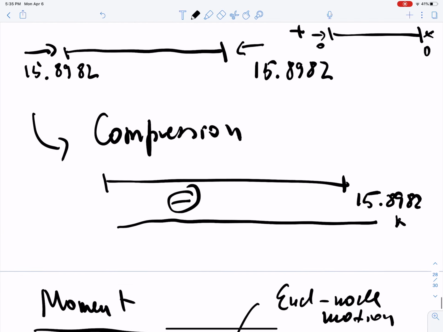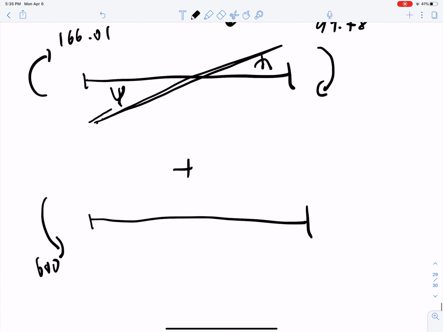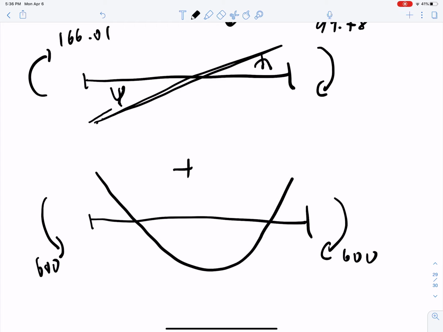And here you have negative 600, right? Clockwise. You have a quadratic function, right, where this part of the beam wants to be concave, then this part wants to be convex, okay, and this part wants to be concave.